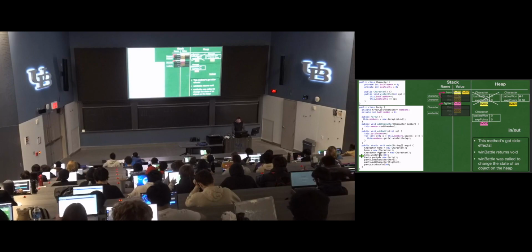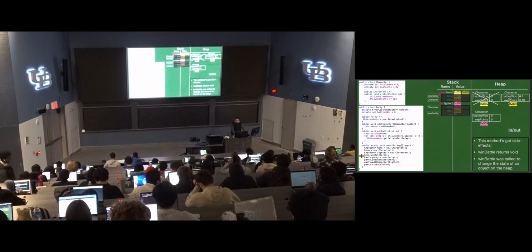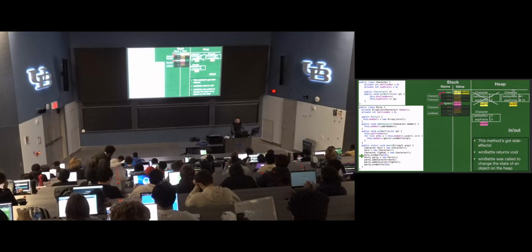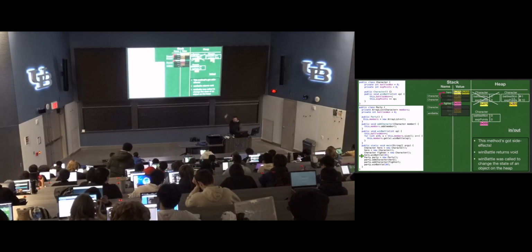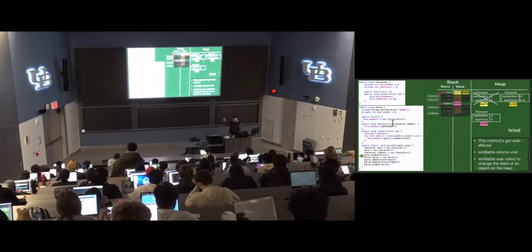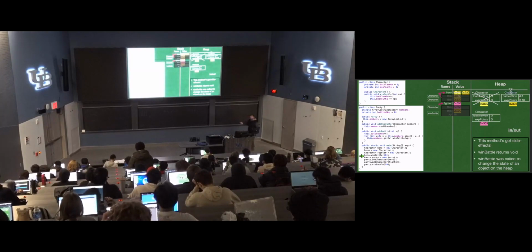Whenever we call a method, like we called hero.winBattle, hero stores the reference 320. Dot means follow the reference to the object to which it refers, and then we call winBattle from this object. When we call winBattle, we do two things. One, to figure out which winBattle method we're calling, we look at the type of the object that's calling it.